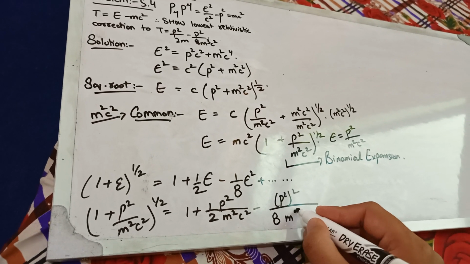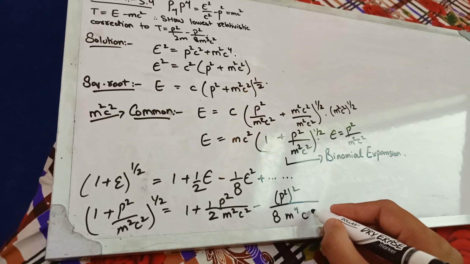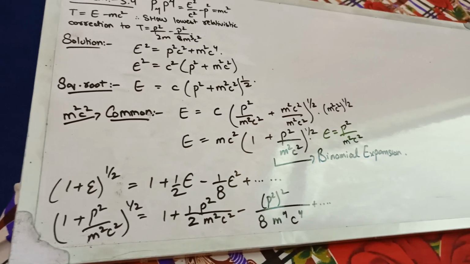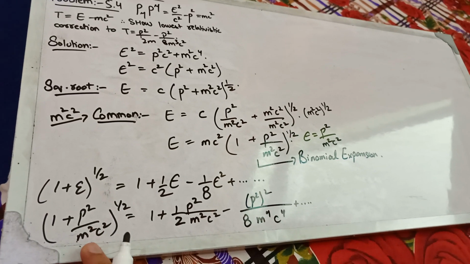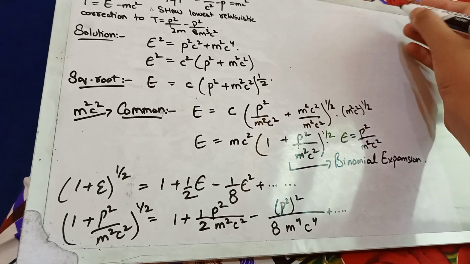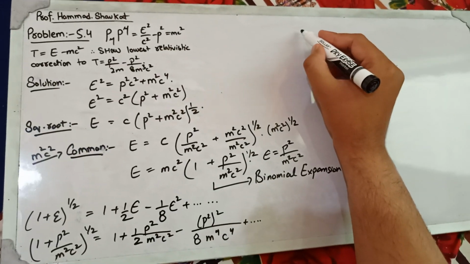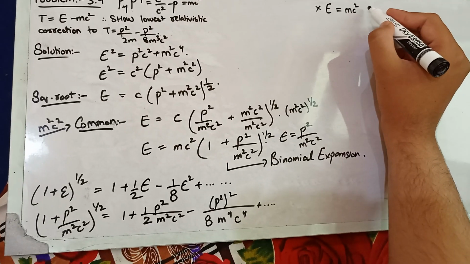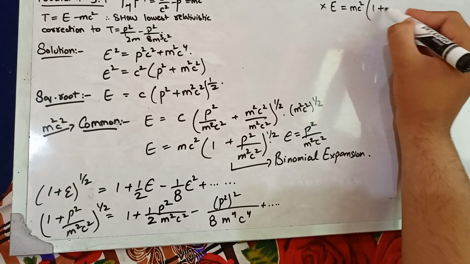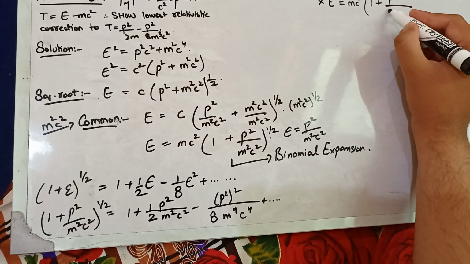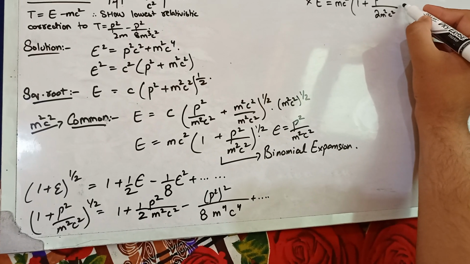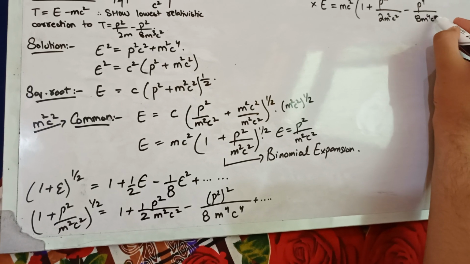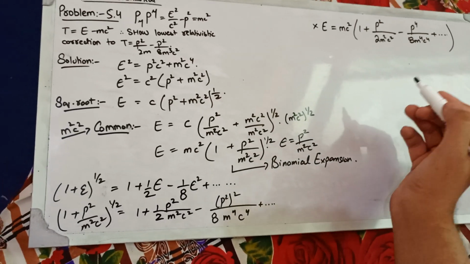You can ignore the higher order terms. Understood? Now put this value in Einstein's relation. You are left with E equals mc² times (1 plus p²/2m²c² minus p⁴/8m⁴c⁴), ignoring higher order terms.